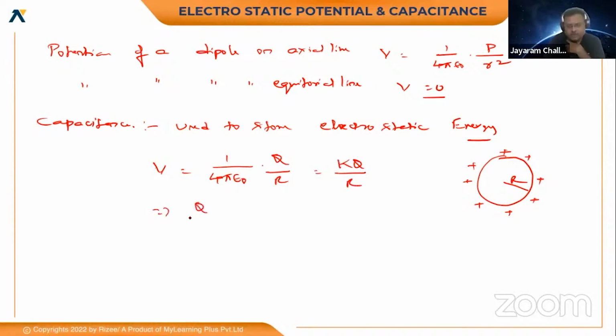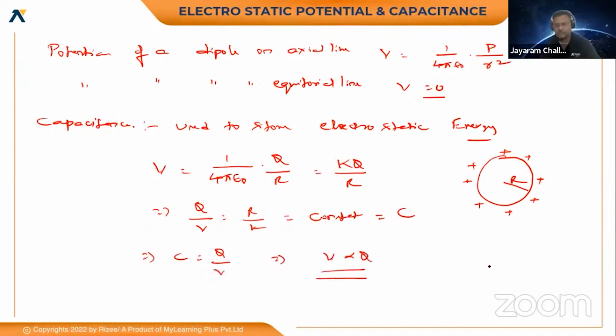From this, q by v can be written as r by k, which is a constant, and that constant is called capacitance. C is equal to q by v, so potential is directly proportional to the charge. So C is called capacitance.